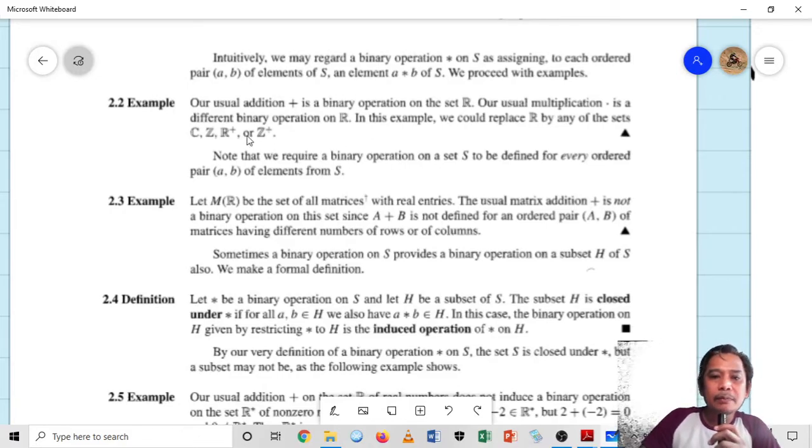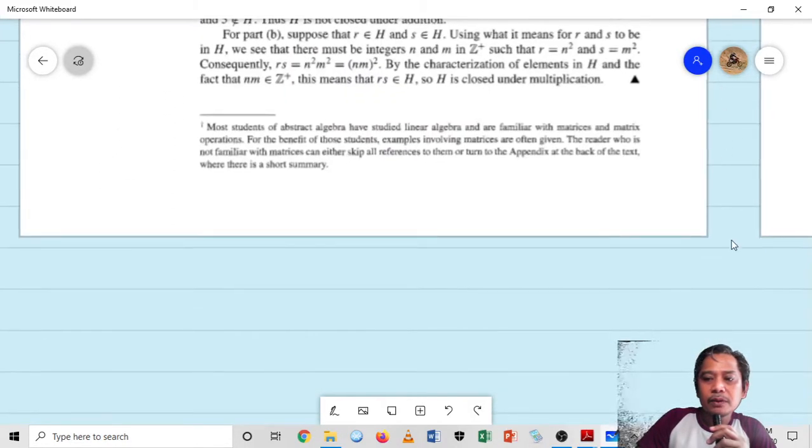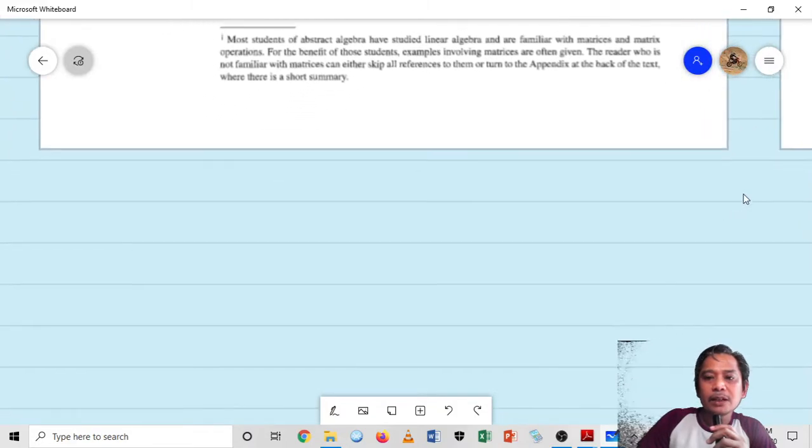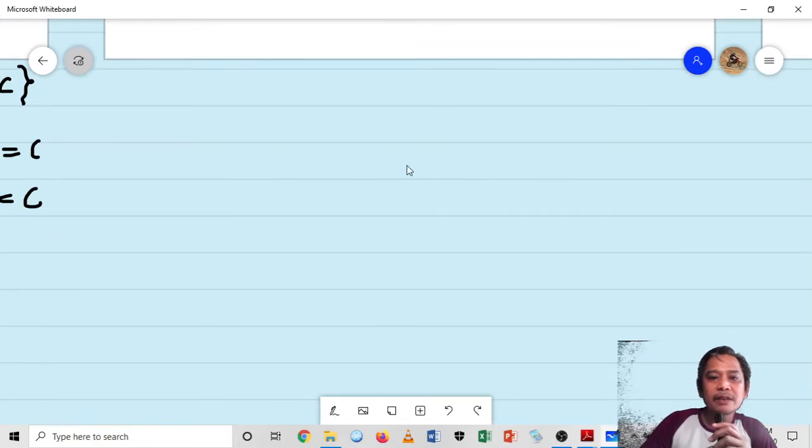And it could be proven that addition and multiplication are both binary operations on the following sets: complex numbers, integers, positive real numbers, positive integers. However, one of the 4 fundamental operations can be proven not to be a binary operation on the set of positive integers.